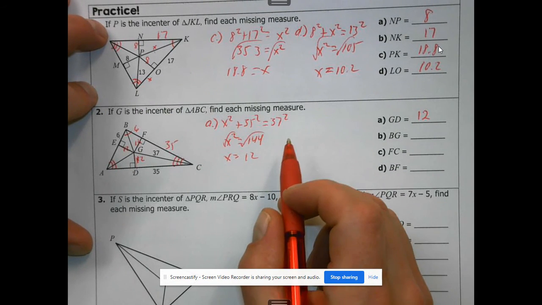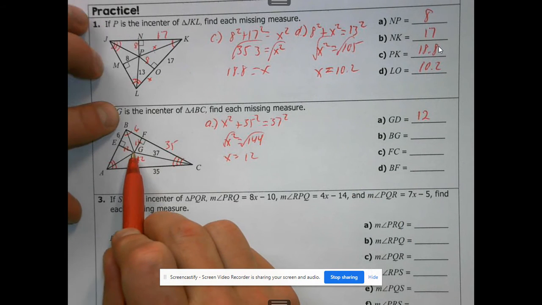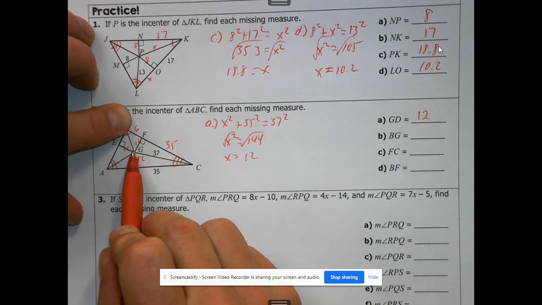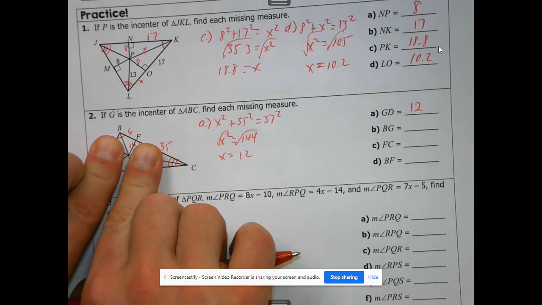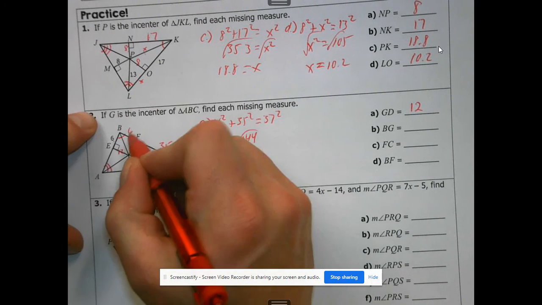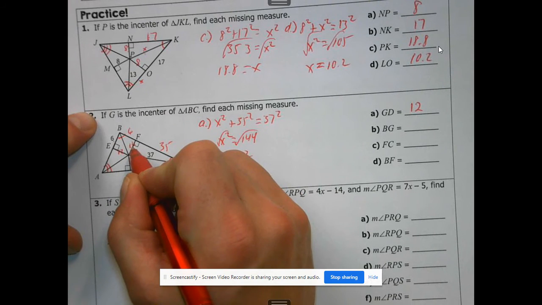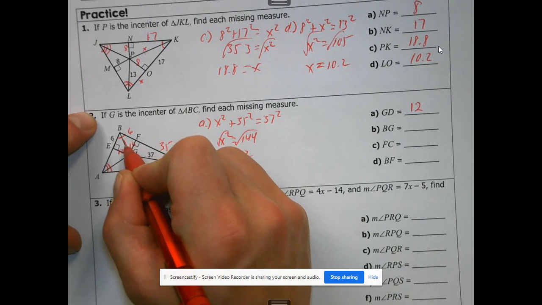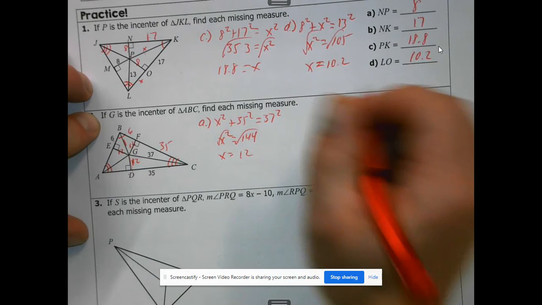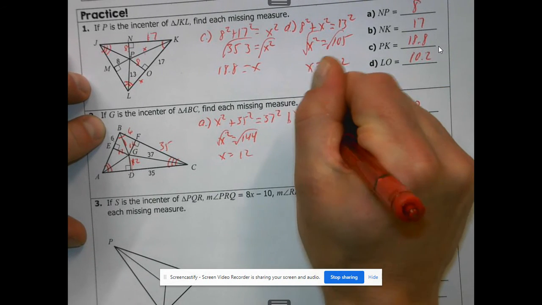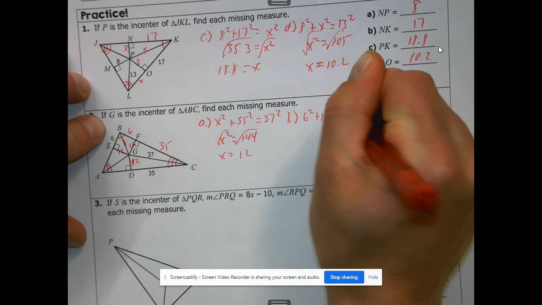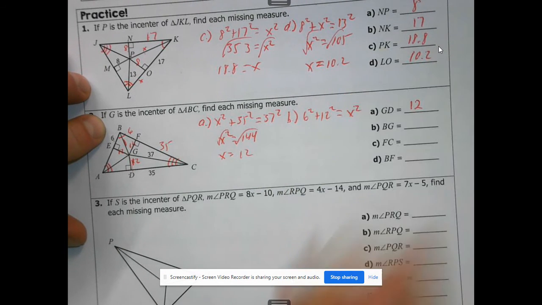Next one, B to G. B to G is right here. Man, once again, Pythagorean theorem, right? Kind of covered up there. There's your triangle right there. A squared plus B squared equals this piece right here, C squared. So for letter B, we have 6 squared plus 12 squared equals, call it X squared.